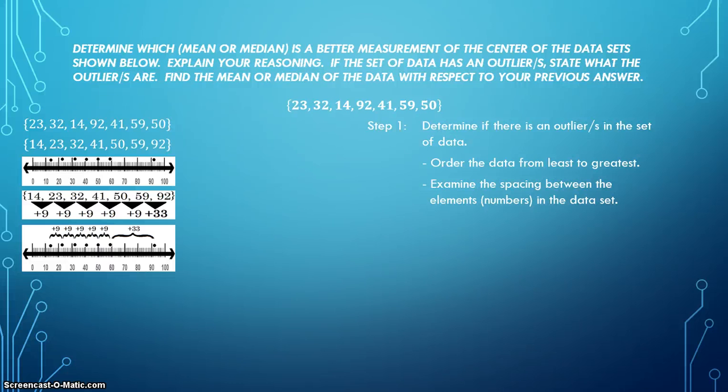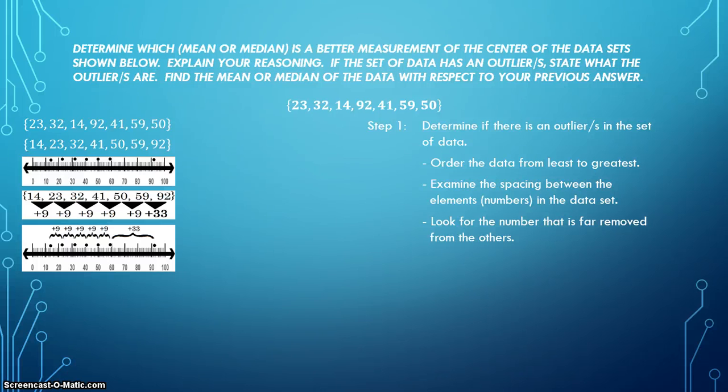So I got the two ways. One is in the set where I see how far spread apart, and I can see that each one increases by 9, except from 59 to 92 there was an increase of 33. And if you look at the number line, you can see that as well. Most of the data, actually all the data except for one, is bunched up between 10 and 65. But then there's a huge jump to another point that's just beyond 90.